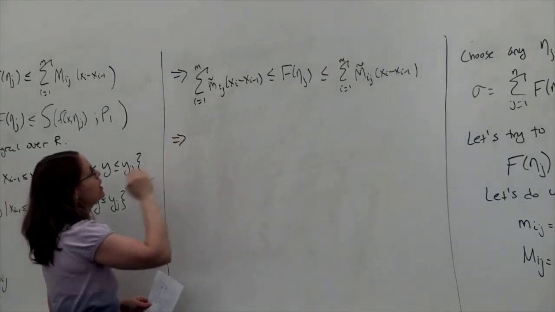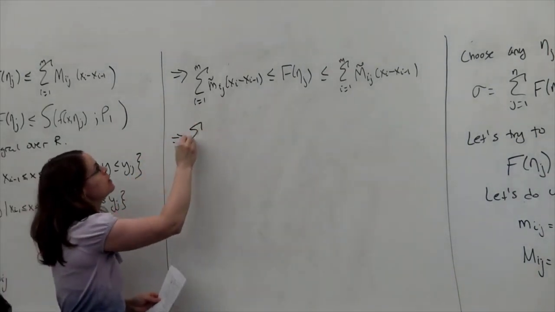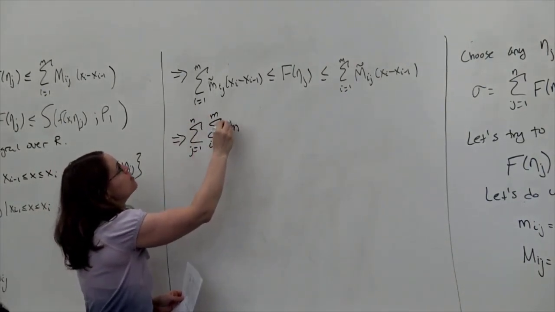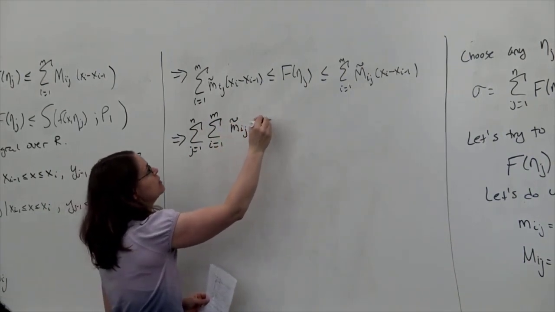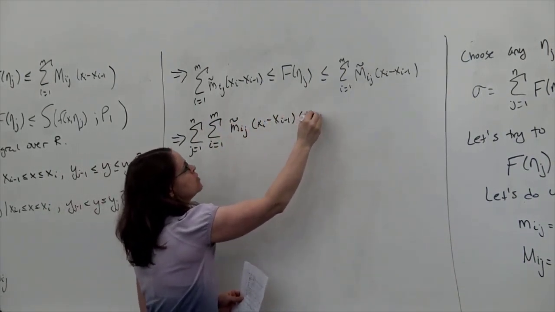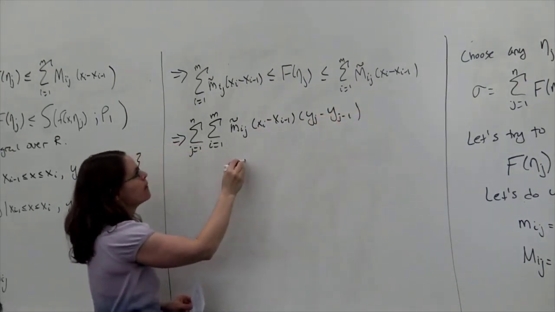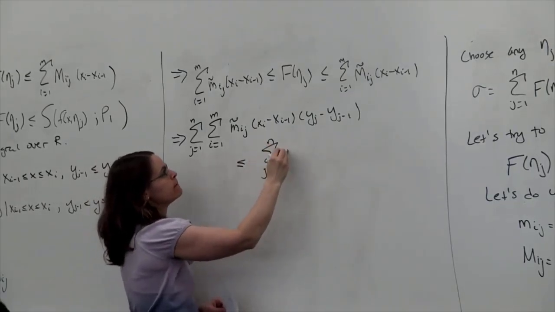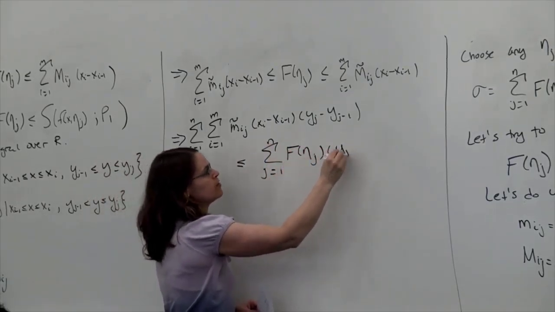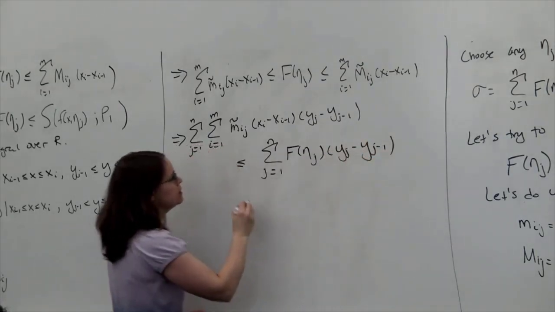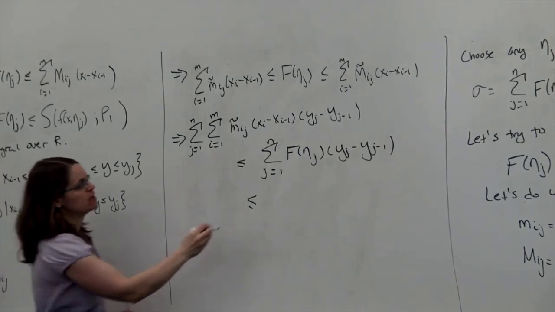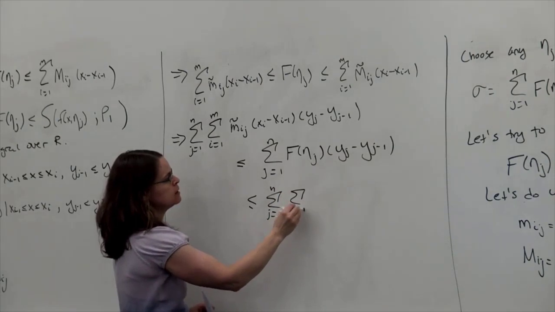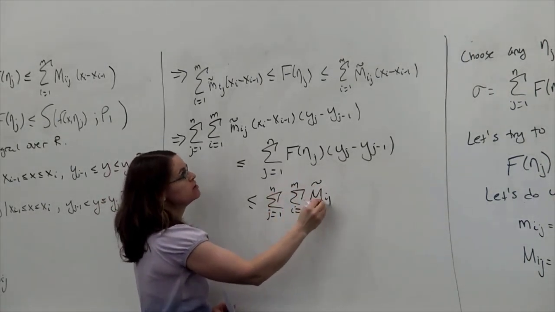Okay, so from here, we're going to get a double sum now. j equals 1 to n, i equals 1 to m, m tilde, x_{i-1}, y_{j-1}, is less than or equal to, do the same thing to this line, multiplied by the y_{j-1}, and then do the same thing to this last line. So I get my capital M tildes.